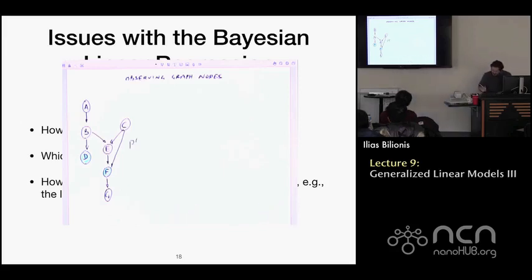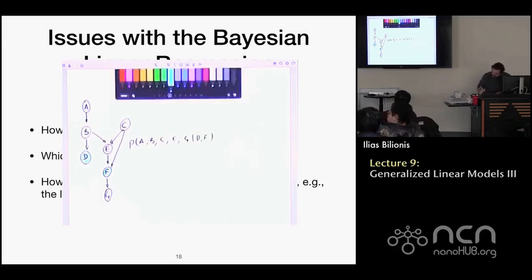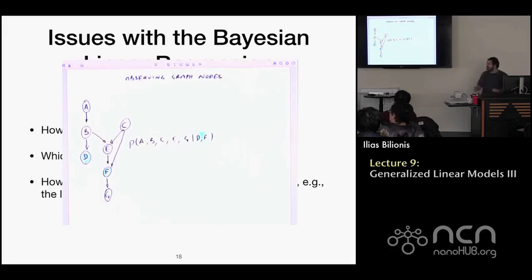First of all, you write down what you want to get. So you want the probability of A, of B, of C, of E, of G. This is everything that is not shaded, conditioned on D and F. Just to clarify, these are the things that you have seen.